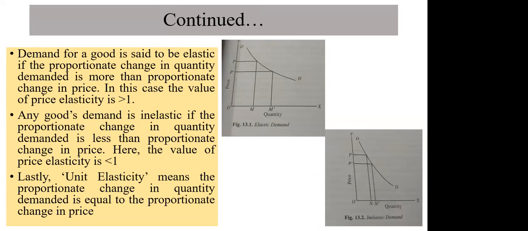Demand for any good is said to be elastic. Suppose I'm giving an example. I am buying apple. Initially the apple was priced at rupees 100 per kg. Now the price has reduced from 100 to suppose 80. So there is a 20% reduction.